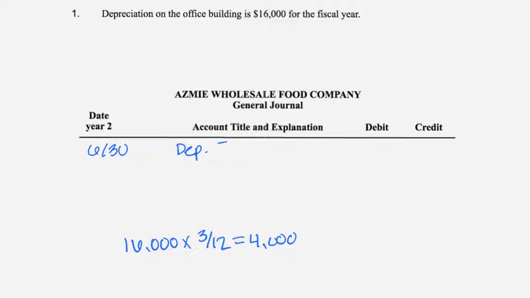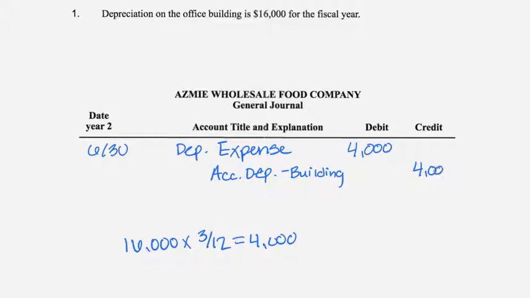So we have depreciation expense, $4,000. And then, of course, the credit is accumulated depreciation. And we'll put building so we know what it's going to. $4,000.